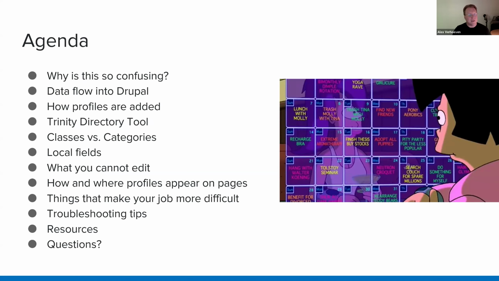And we'll discuss local fields, which are fields that you can edit within your website. We'll also talk about what you cannot edit. We'll discuss a bit about how and where profiles appear on pages and on your website in the people section. We'll cover a few things that tend to make your job a little more difficult in managing these profiles. And we'll have some troubleshooting tips and some links to resources as well. And then at the end, we'll take any questions that you may have for us.